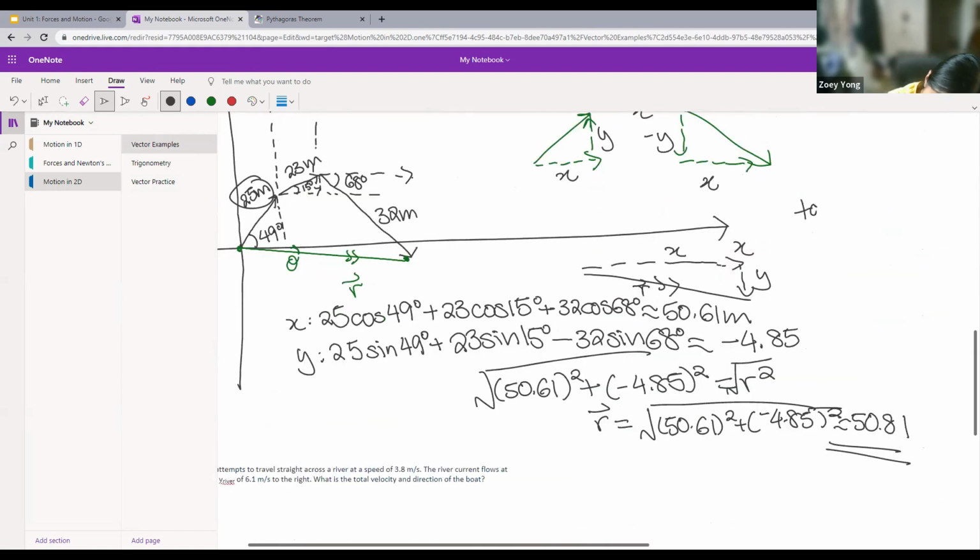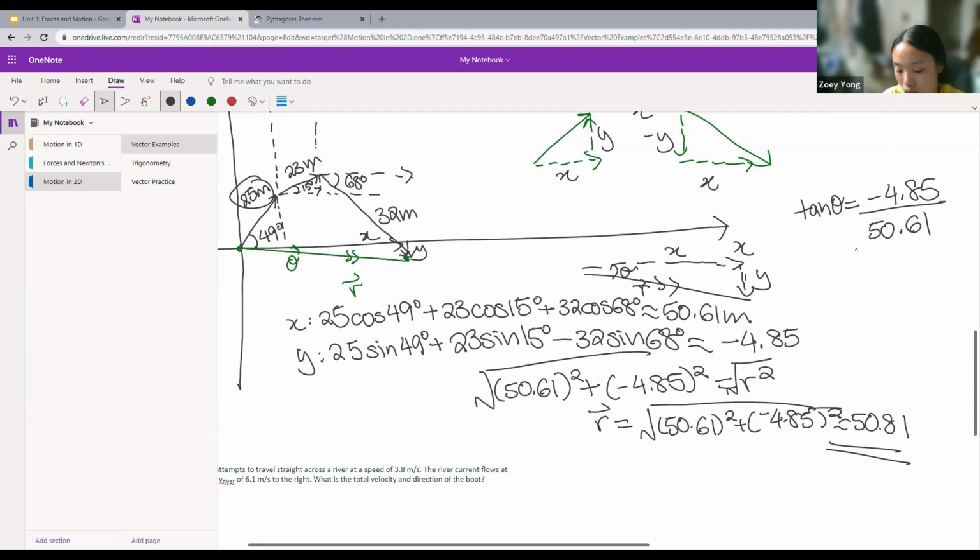Tan theta equals the y over the x, because this is y and that's the x. So like right here, and this is theta. So it's going to be the y over the x. So what's y again? Negative 4.85 divided by x is 50.61.